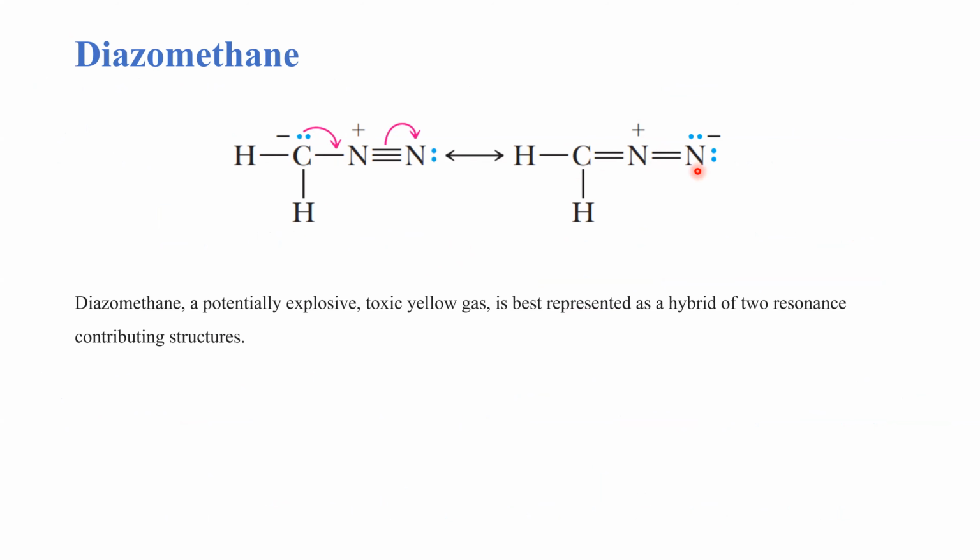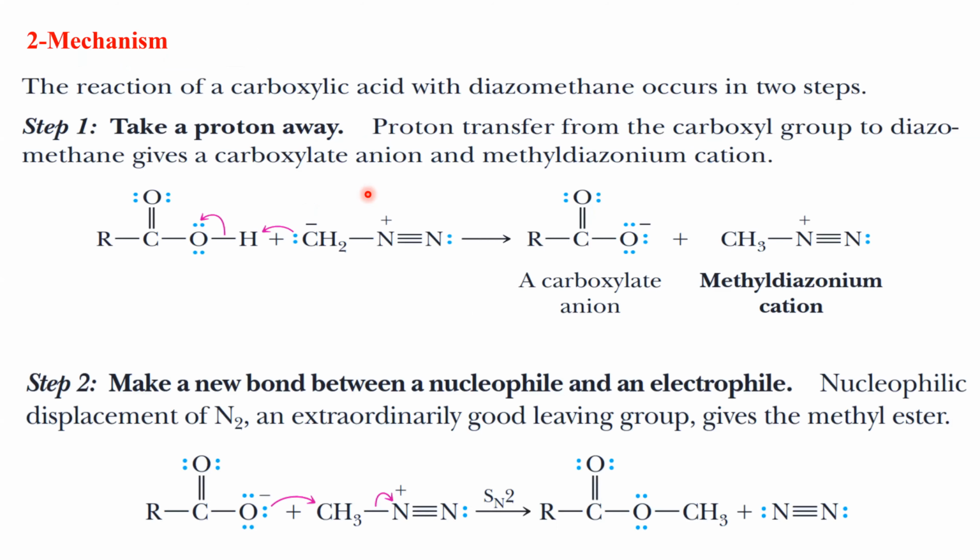It exists in both ways, but of course when we treat it under certain reaction conditions, it will go for the best feasible form where it can undergo further reaction. So now we have written it with the methyl as the negatively charged side and the central nitrogen as the positive one.